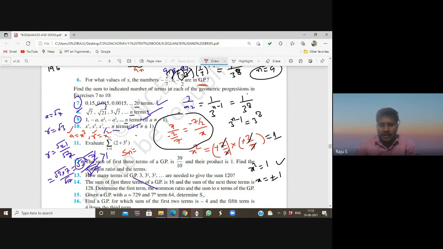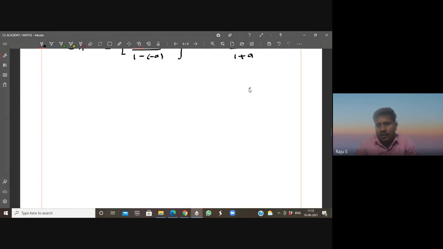See, actually, when you observe the formula, a into r power n minus 1 by r minus 1, if I want to take minus common in numerator and denominator, what about Sn? Sn becomes, generally, if I take minus common in numerator and denominator, we are getting like this.